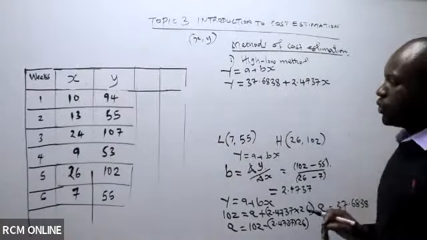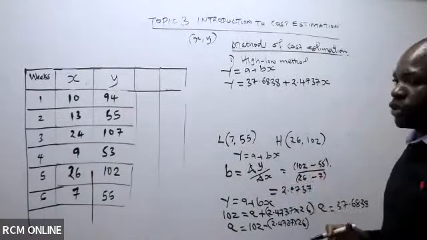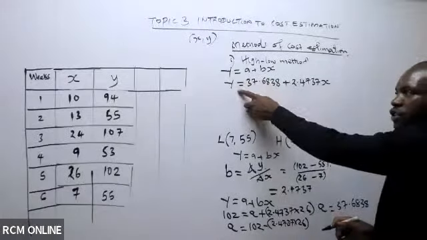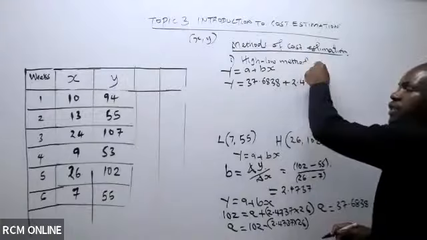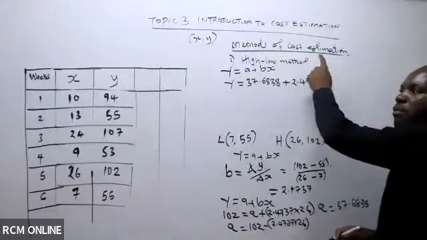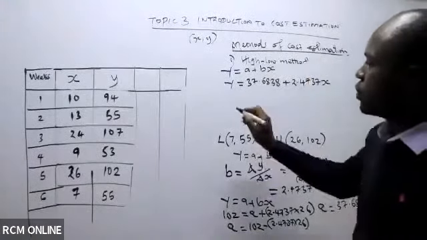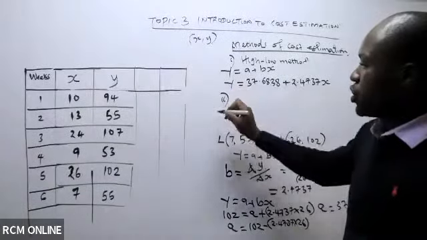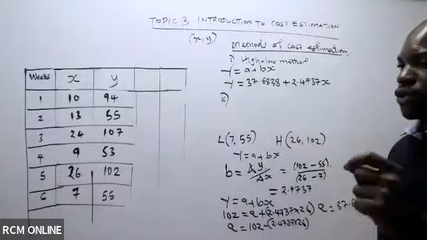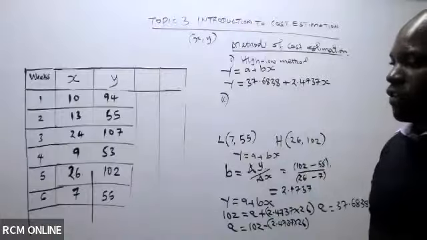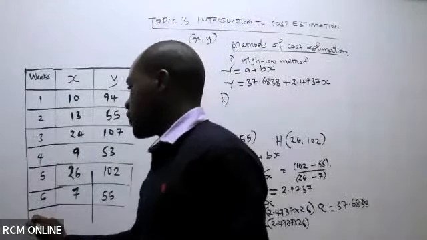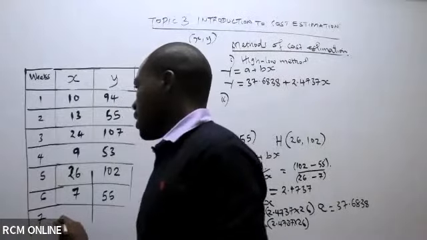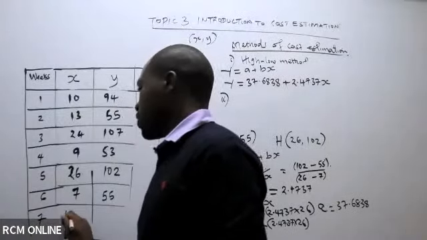The first part will be told to give us the cost function in the form of Y equal to A plus BX using the high-low method. That is Roman 1. Roman 2, you'll be told to give us total production cost, given that the estimated units in week 7 are 15.